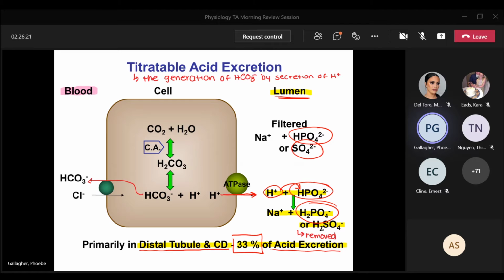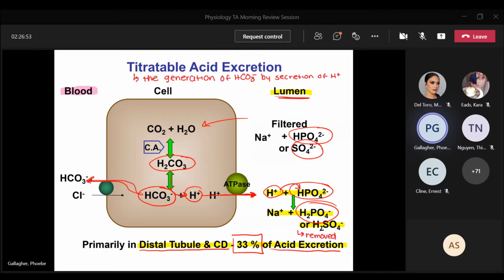So your bicarbonate, when it comes in, is going to come in as CO2 and H2O, as we already saw. And then it's going to have a carbonic anhydrase, which converts it into carbonic acid. And so this proton here is going to be excreted permanently. So similar to how we saw in hemoglobin, since we're taking the proton away permanently, we're effectively making a new bicarbonate in doing so, because now it's not linked to a proton anymore.